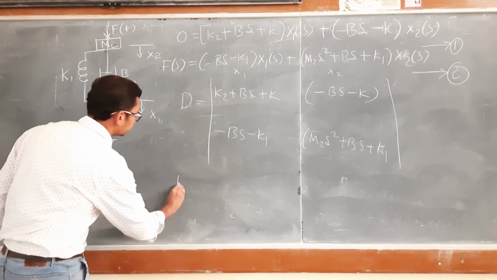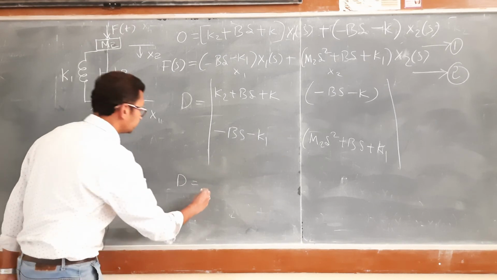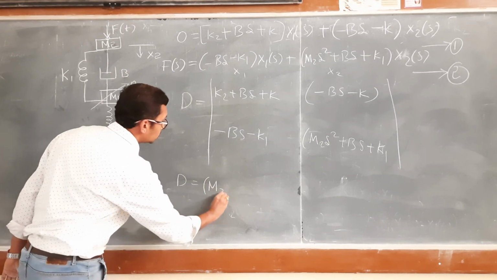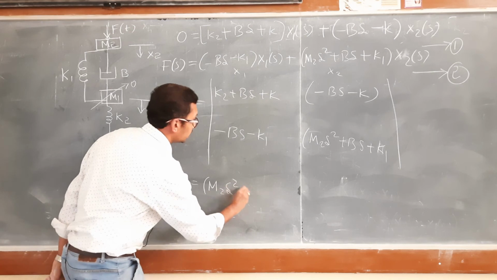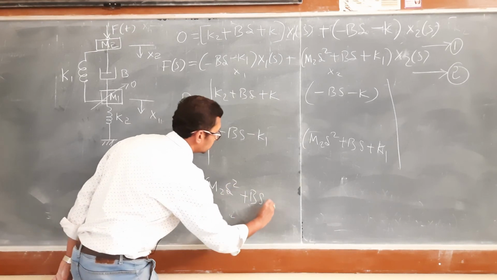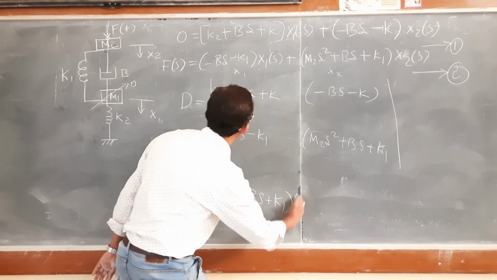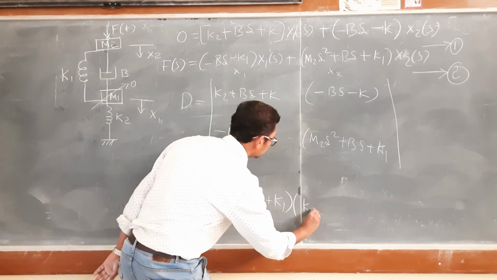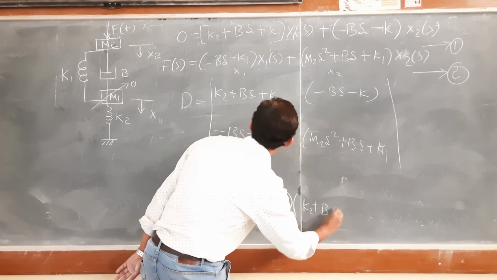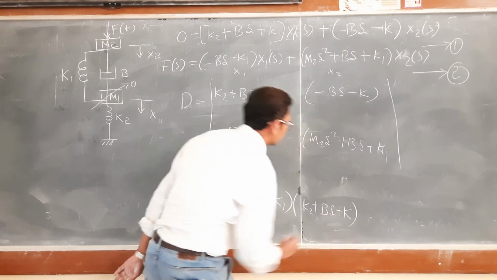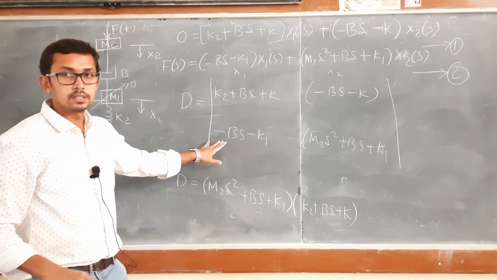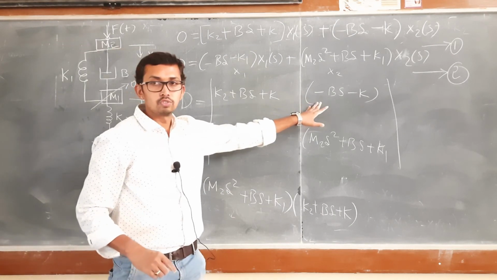So the determinant of this will be what? m2 s square plus bs plus k1, into what? m1 s square plus bs plus k. So here also minus is there, and here also minus will be there.